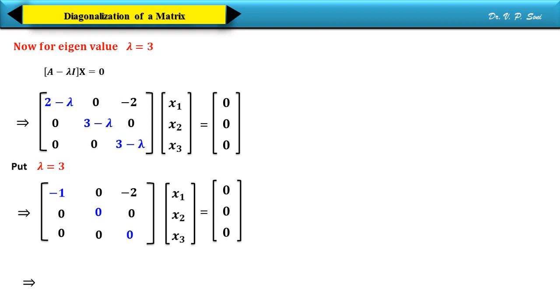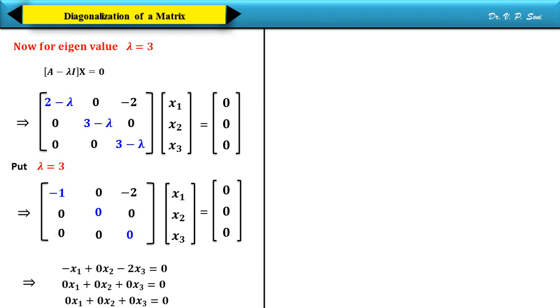Then we get −x1 + 0x2 − 2x3 = 0, 0x1 + 0x2 + 0x3 = 0, 0x1 + 0x2 + 0x3 = 0. This implies x1 + 2x3 = 0.